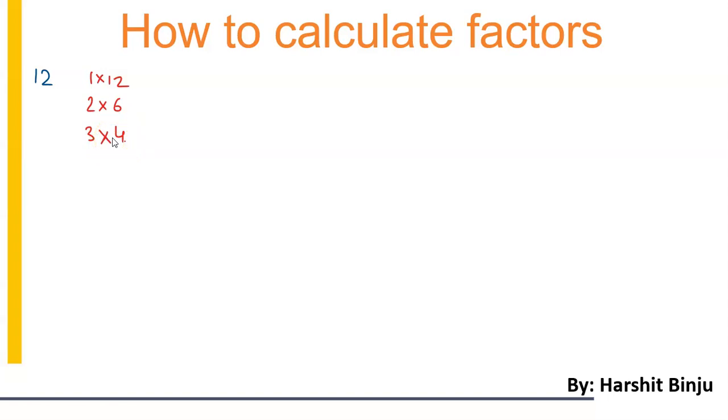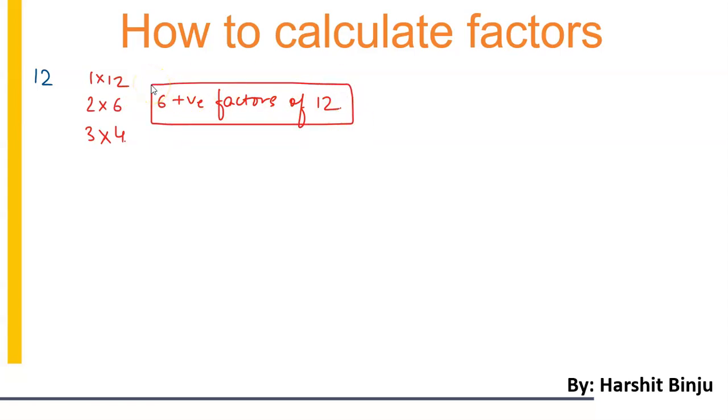So if you talk about the positive factors of 12, there are 6 positive factors of 12. Similarly, there will be 6 negative factors of 12 also.